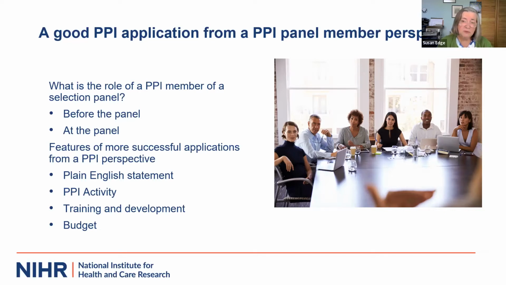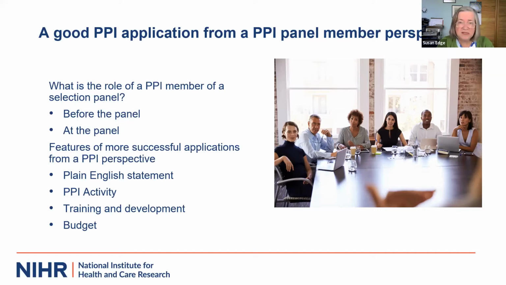It's also very important to remember that if you have patient and public involvement representatives, consider their training and development to support them in their role, but also consider what training and development you need, particularly if you've not worked with patient and public involvement representatives before. This can be very important to make this successful, and it's an area that shouldn't be ignored when you're drawing up your own training and development plan and budget.